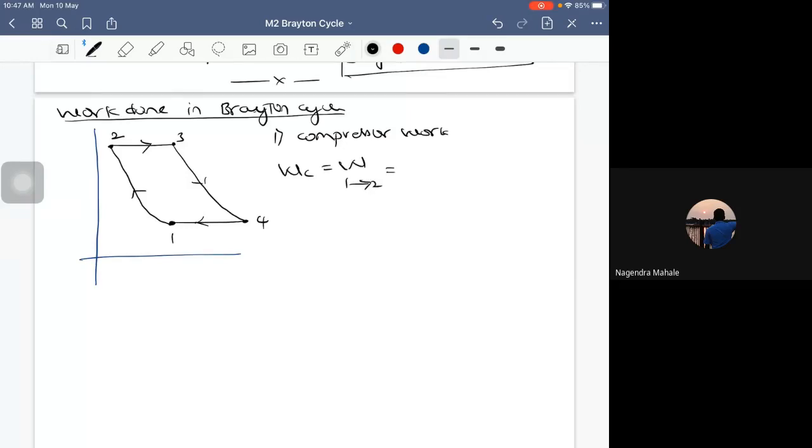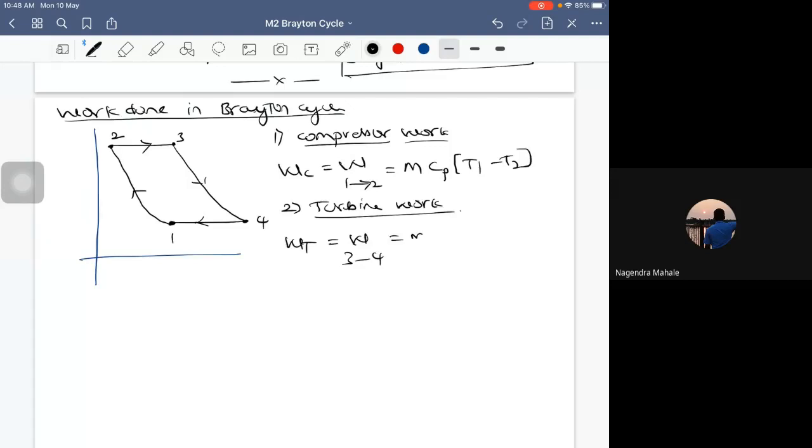That is given simply by m Cp (T1 minus T2). The second one is the turbine work, given as WT, W3 to 4. It is simply given as m Cp (T3 minus T4). That's it.